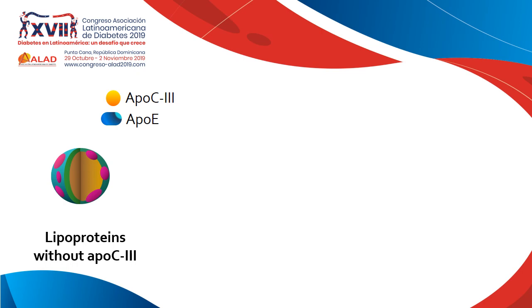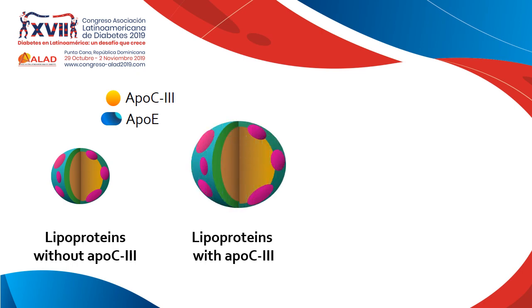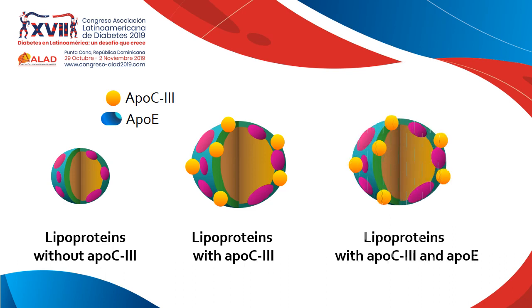And then we'll have lipoproteins without ApoC-III, lipoproteins with ApoC-III, which we will display here in yellow, and lipoproteins with both ApoC-III and ApoE, which we will display in blue. So over the course of the presentation, we will be discussing the specifics of the function and characteristics of each type of lipoprotein and how they can be targeted for cardiovascular prevention.